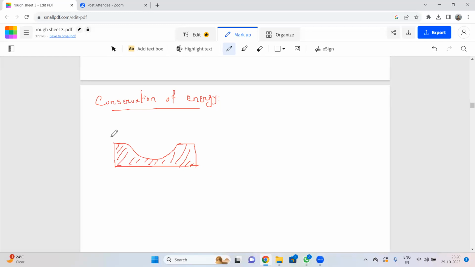Suppose initially a particle is placed at the point A here, and this track, suppose this is B, and here it is C. Suppose A, B, C is frictionless.